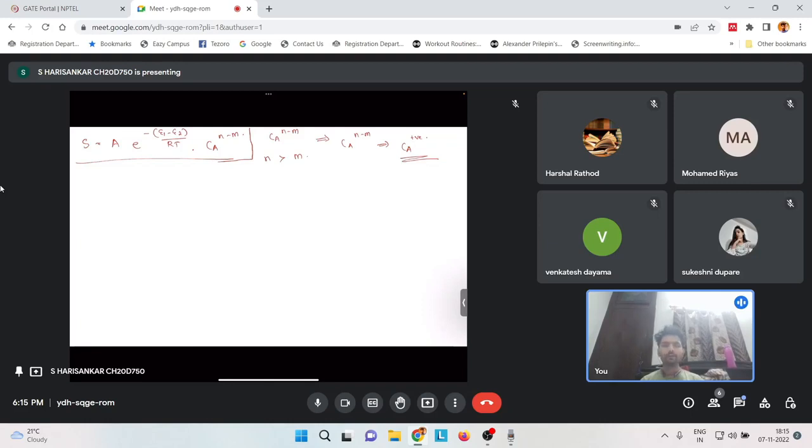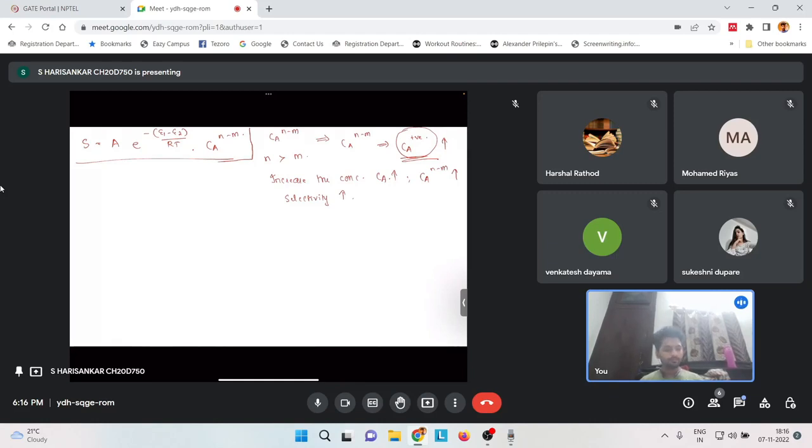So if the order n is greater than order m, if we increase the concentration, if we increase this Ca, this whole term will go up also. So if Ca increases, Ca raised to n minus m also increases, and this means selectivity also increases for the case where n is greater than m.